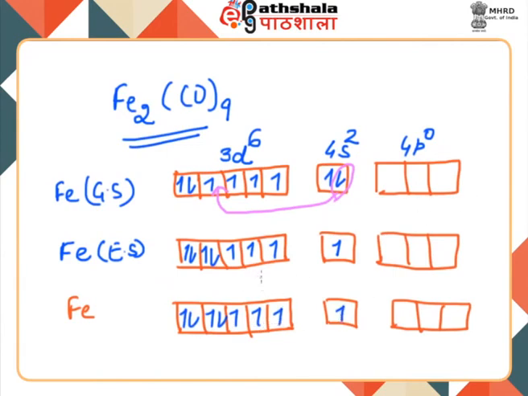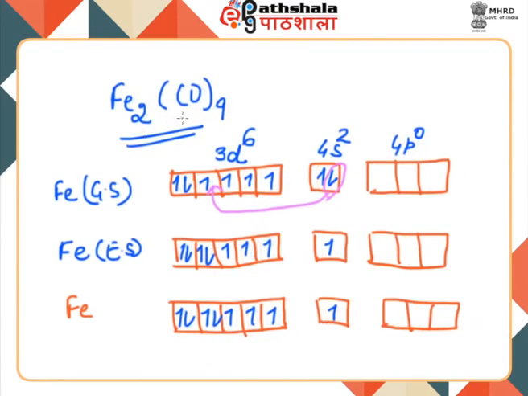Now, in the presence of these 9 carbonyls, let us try to understand how the metal carbonyl bonding takes place. You can see here that between this orbital and this orbital there will be formation of the sigma bond between the 2 irons, that is this iron and this iron.